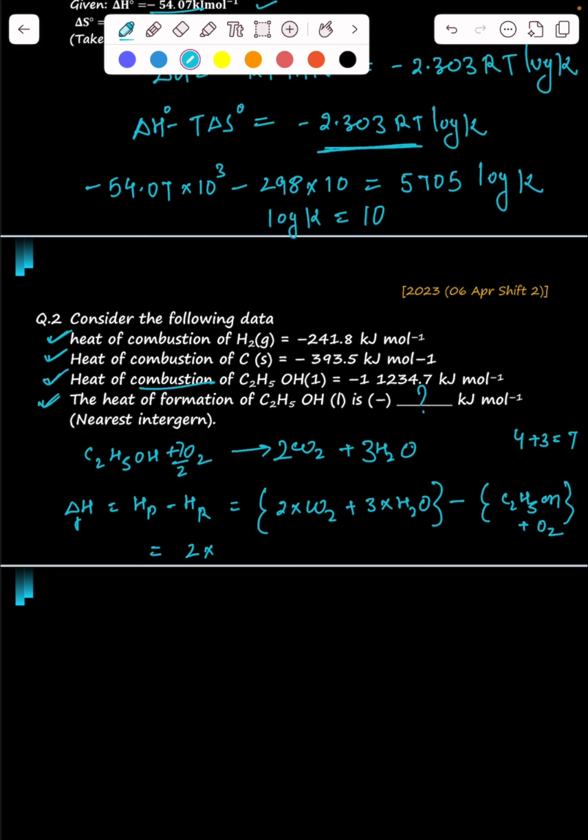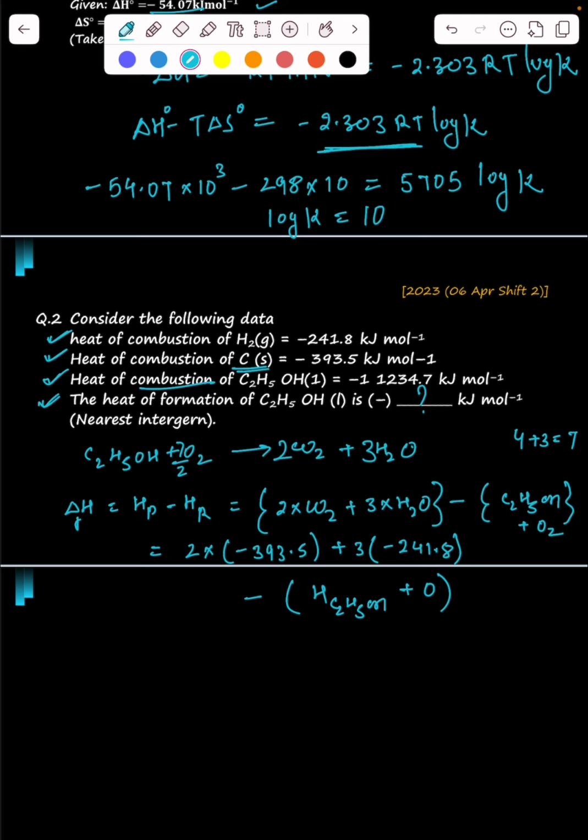Just put the value. So 2 into CO2 value is how much? Carbon combustion is given, so that should be a similar value, that is 393.5 plus 3 into minus 241.8, and that minus the formation of alcohol we needed, C2H5OH, and oxygen would be 0.